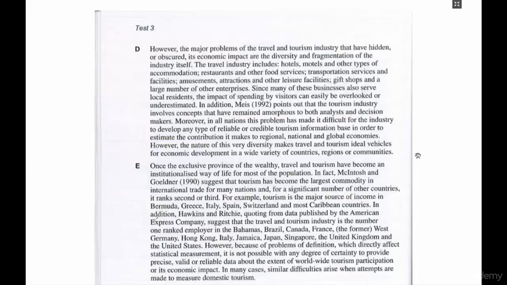So the problems that have hidden the economic impact are diversity and fragmentation. So this whole paragraph is going to talk about problems that have hidden or obscured economic impact. That's what the whole paragraph is going to talk about. It has to talk about that because a topic sentence controls a paragraph.